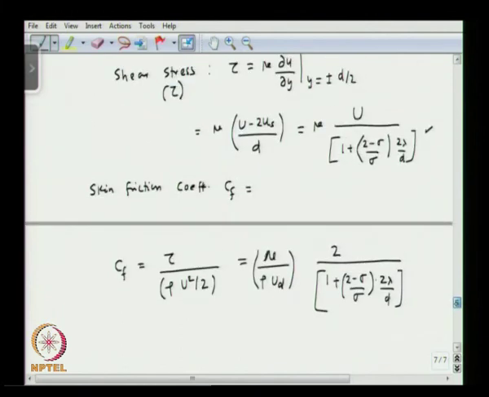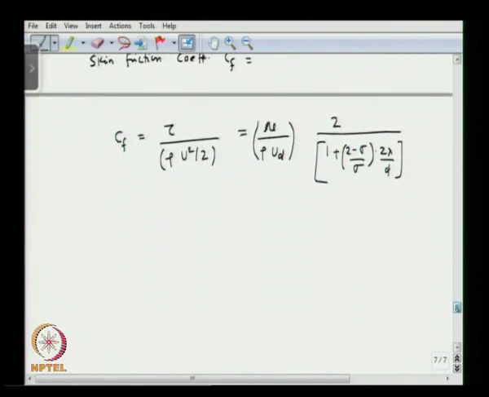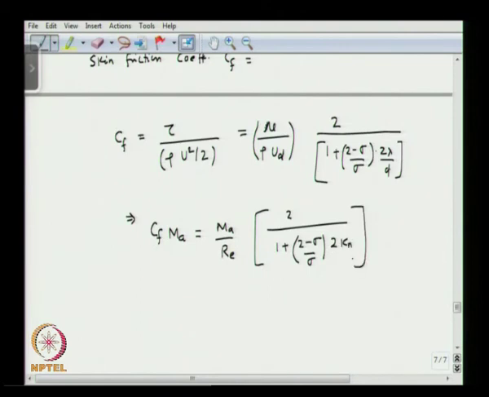So, just substitute for u there. So, from there you can write Cf into Reynolds number is going to be Mach number over Re, which is Reynolds number, into 2 divided by 1 plus (2 minus sigma) over sigma into 2 into Knudsen number.